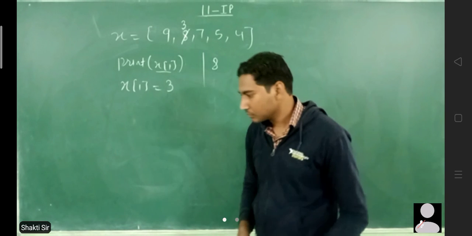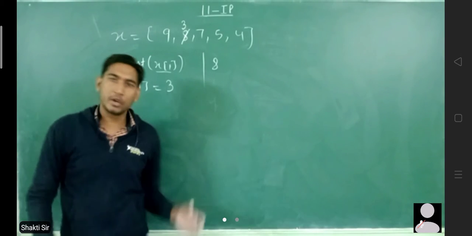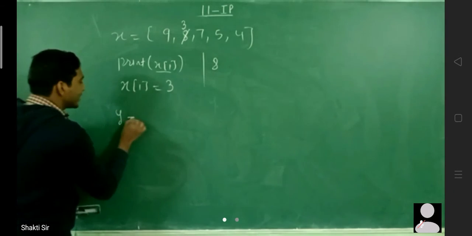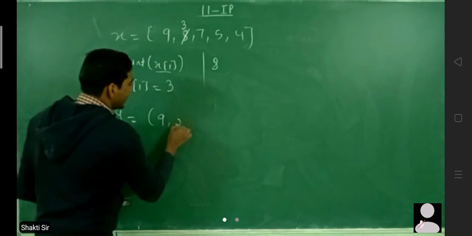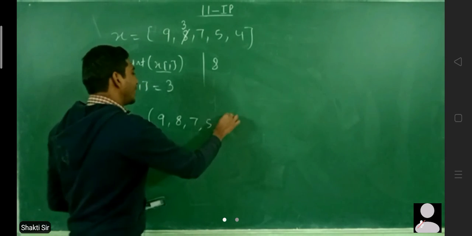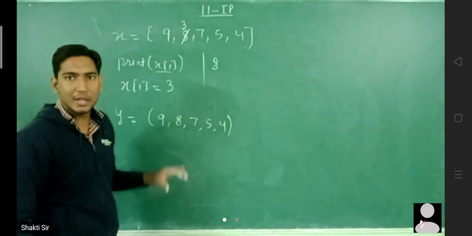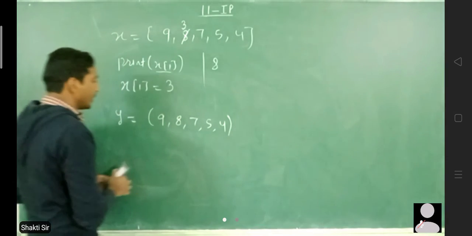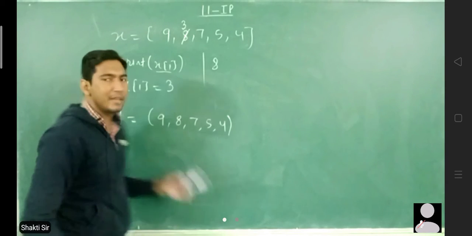ठीक है, तो हम किसी लिस्ट में कोई आइटम को चेंज कर सकते हैं, but this is not possible in case of a tuple. Suppose I have the same sequence 98754, but this time I have a tuple. We can print a tuple in the same way we can print a list.